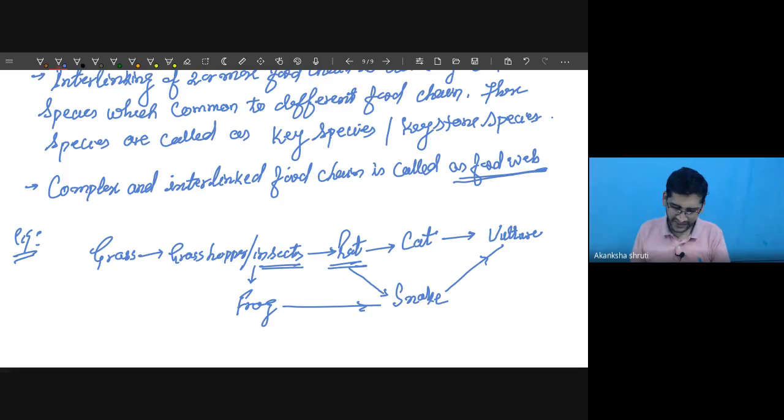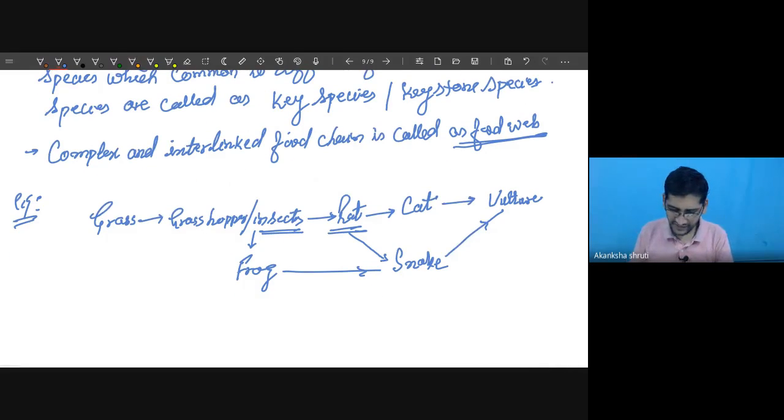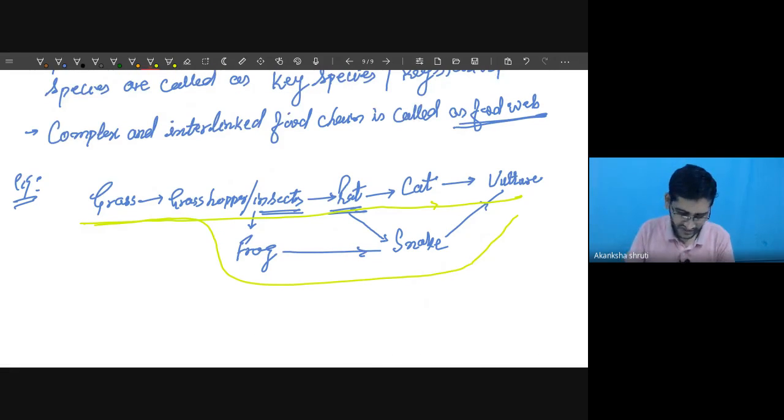So what we are getting, that two food chains get linked. What are the two food chains that can be allocated? One was this one straightaway, another coming to this one. So this is our food chain 1.